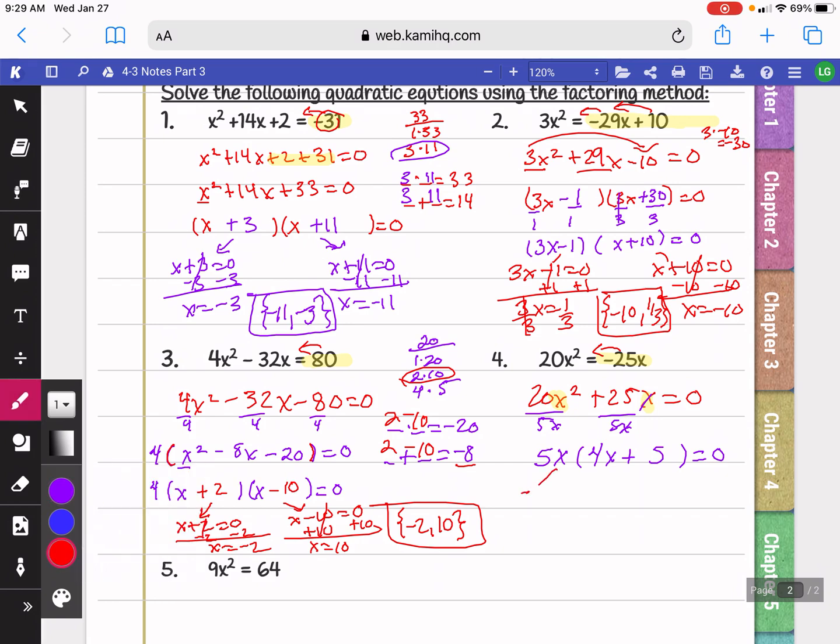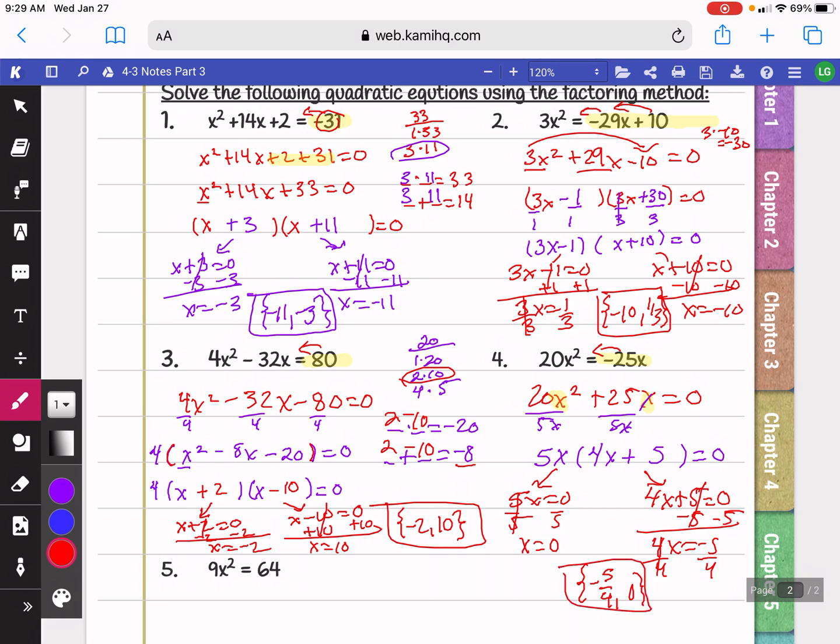So I'm going to set 5x equal to 0 and 4x plus 5 equal to 0. And I can solve each one for x. Here I would just divide by 5, so my x is equal to 0. Here I get negative 5/4. So if I write that in a solution set, I have negative 5/4 and 0.